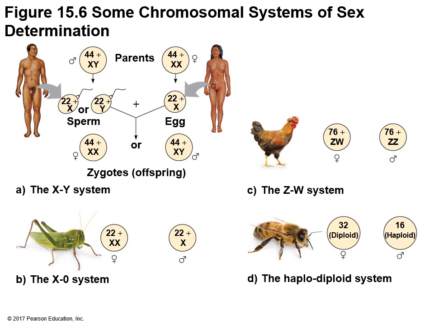So here are some different chromosomal systems based on different species. We're going to mainly focus on humans. Again, this is just an overview of meiosis. We have 44 autosomes and 2 sex chromosomes for a total of 46 chromosomes.